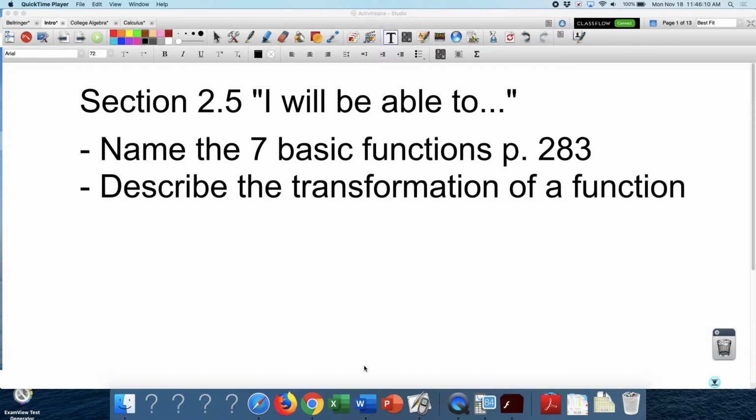So turn to page 283 in your book, and you will see the 7 functions that I'm talking about.